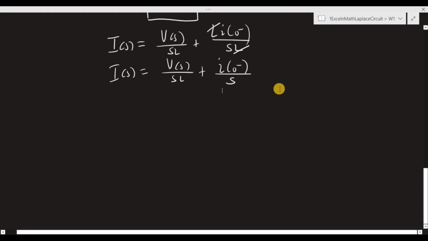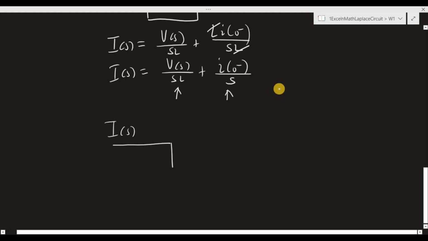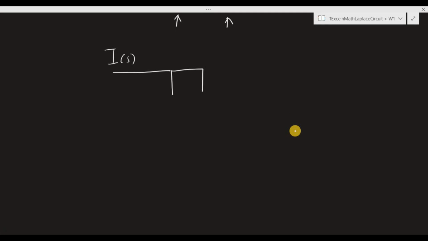Now we can translate this equation into a circuit, and the equation says that I of S splits into two branch currents: the current through the inductor and the current source. So if we have a circuit with two branches, let's say this is the inductor here, and this is the current source pointing downward.